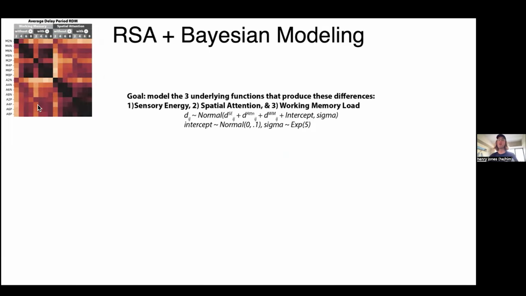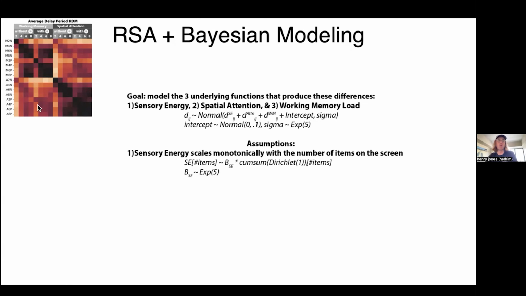And it comes with the following assumptions. The first is that the dissimilarities that we've observed empirically come from some normal distribution with some amount of noise, but that normal distribution is centered on a linear combination of the dissimilarities of our signals of interest. So we have one signal of interest, which is sensory energy. That's just the amount of stuff on the screen.